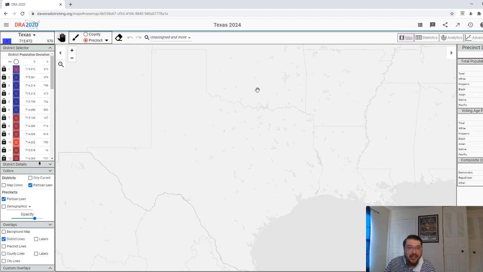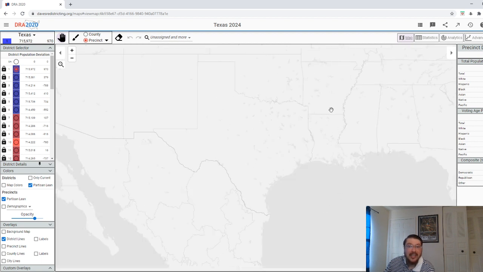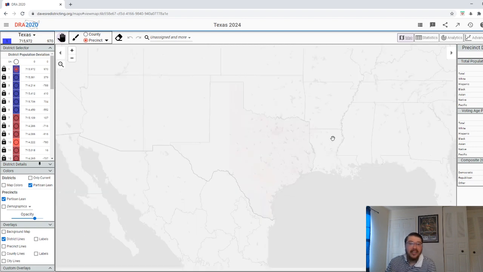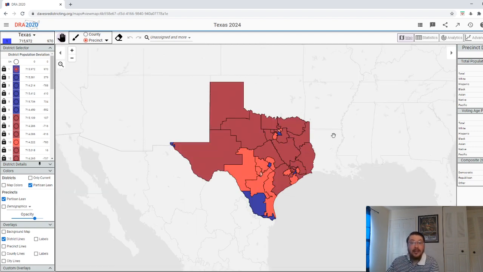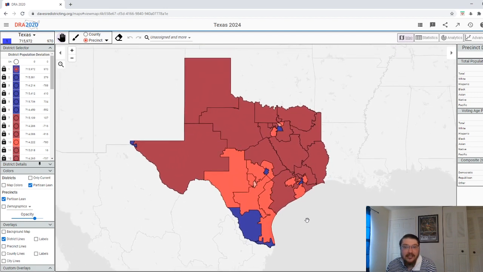And I think I especially did it well in the way it's probably going to break down in Texas. The lines may not be exact. The districts may not be exactly the same as what winds up happening in real life, but I think you're going to see a very similar philosophy towards redistricting in these states.